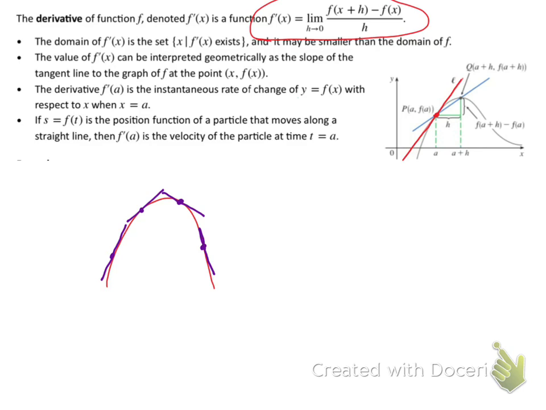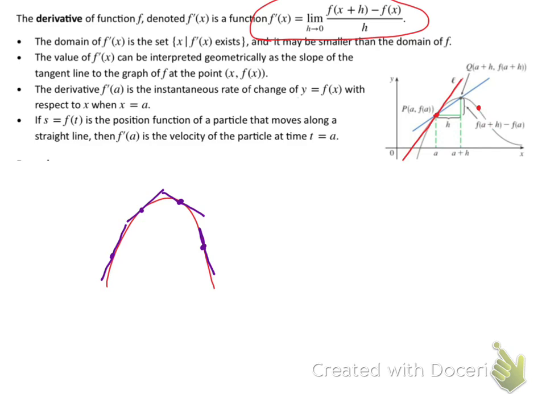When you have a tangent line, it is a line, and a line has a slope. So the derivative is the slope of the tangent line at this particular x coordinate, a. If I pick another point on the graph, say here, I draw another tangent line.